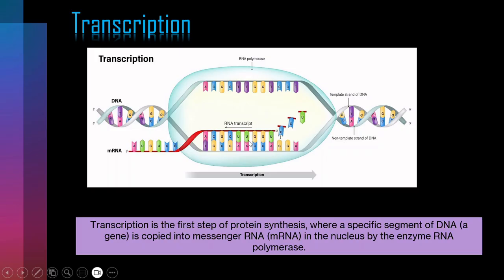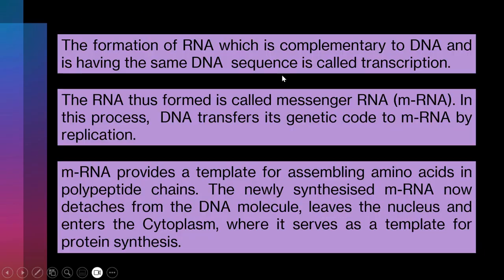This is done in the nucleus with the help of the enzyme RNA polymerase. So, in the first step, which is transcription, a particular part of the DNA known as the gene is copied onto a messenger RNA by the enzyme RNA polymerase. And this formation of mRNA, which is complementary to the DNA, is called transcription.